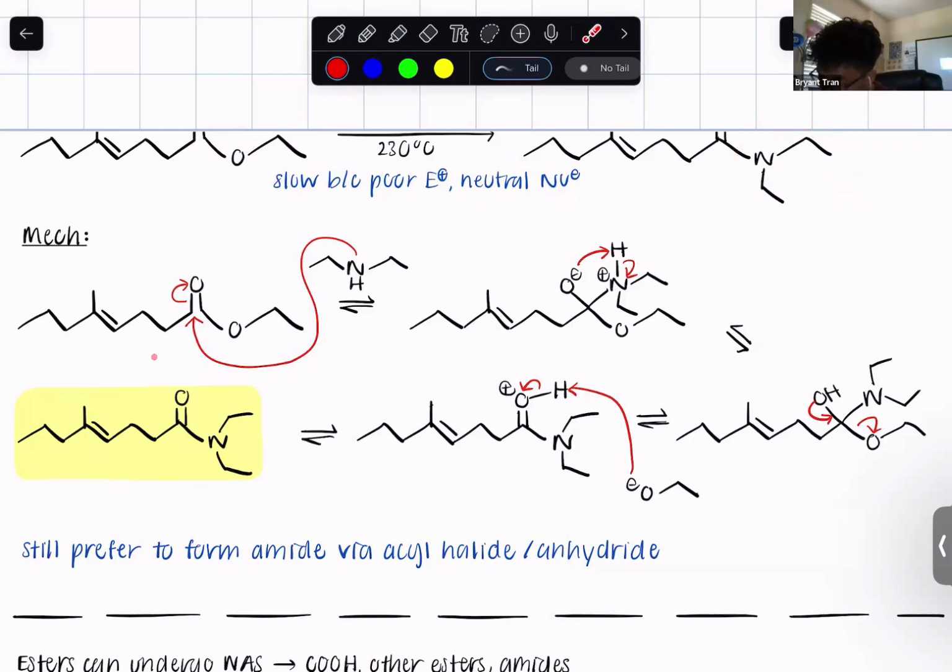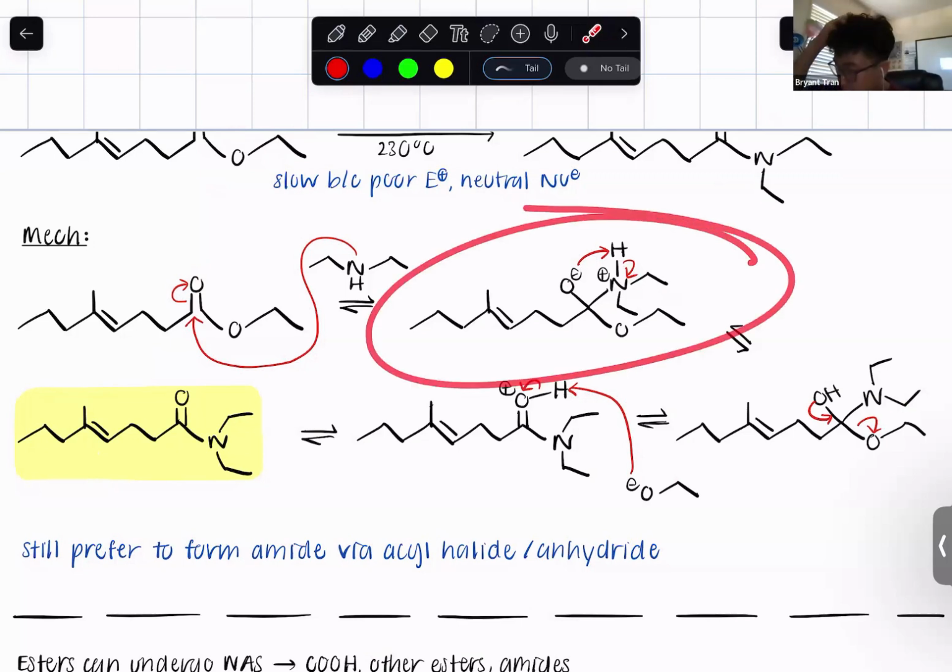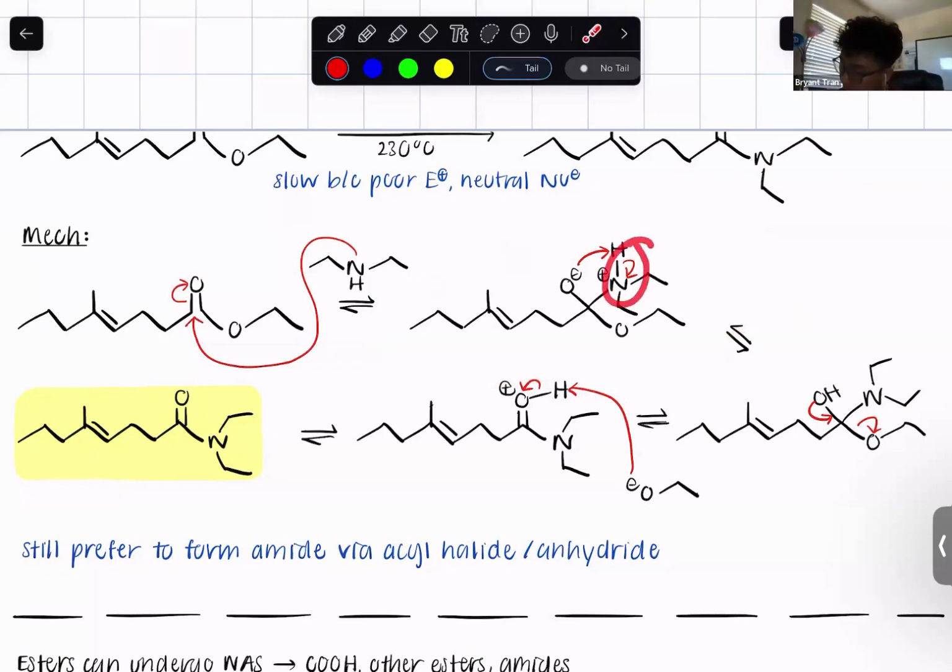Here's the mechanism. The neutral amine here is going to attack the carbonyl carbon, push the double bond with oxygen, get this tetrahedral intermediate. Then we're going to protonate the O-, deprotonate the amine to get this right here, right? This is different because we're used to deprotonating the new group and protonating the old group at the same time, but we're not protonating this OR right here because this neutral oxygen here is not basic enough to grab the proton from this nitrogen, right?